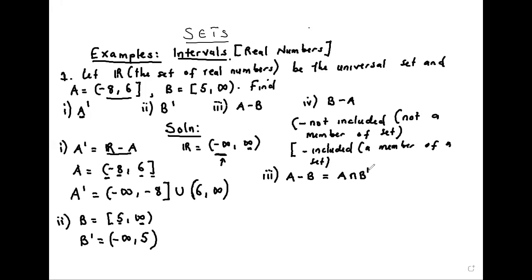You get the intersection of A and B complement. We have A, which is -8 to 6, intersection B complement, which is -infinity to 5.